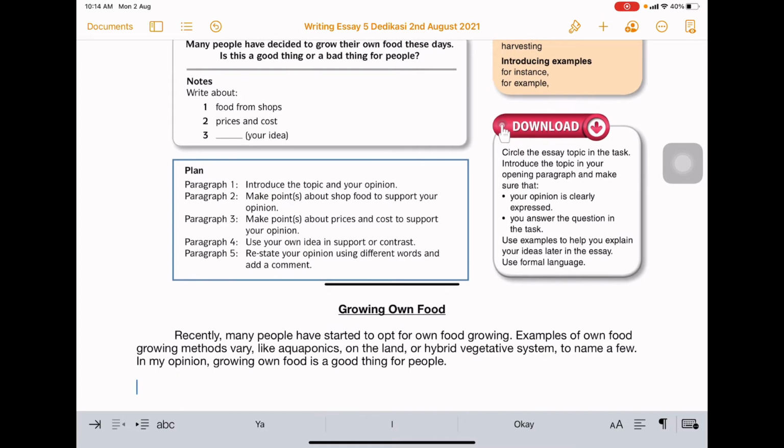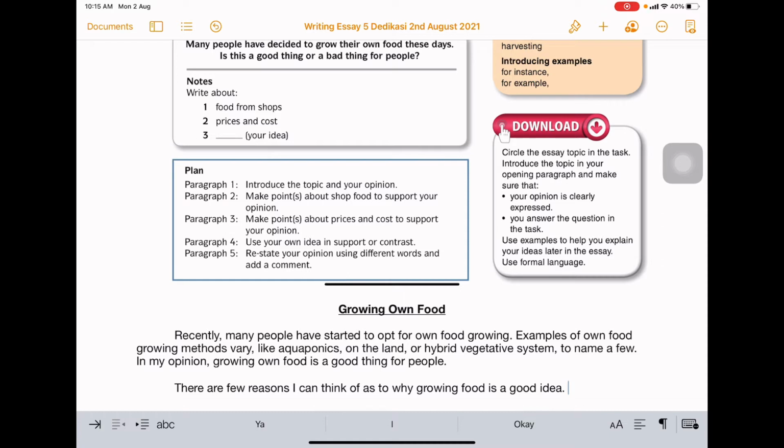And then we can start writing our first paragraph using the first point, food from shops. So you can say, there are a few reasons I can think of as to why growing food is a good idea. Okay, you don't put that there are many reasons.